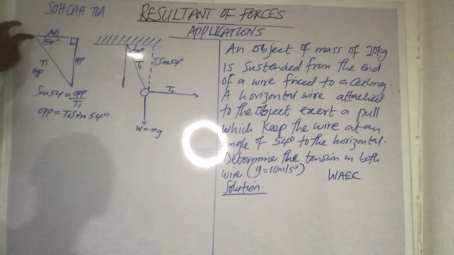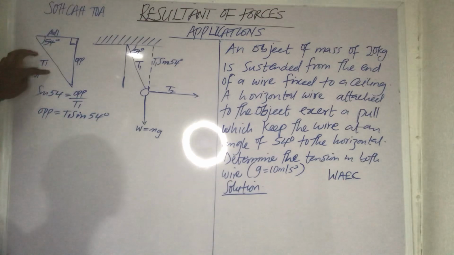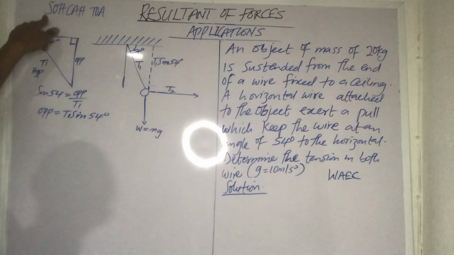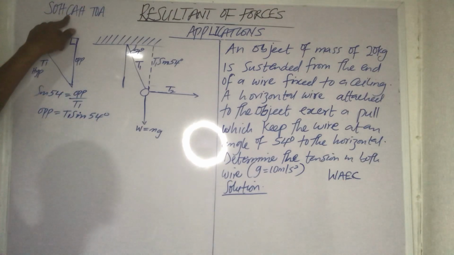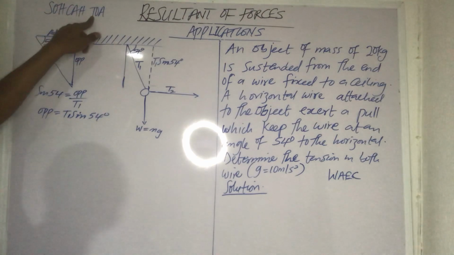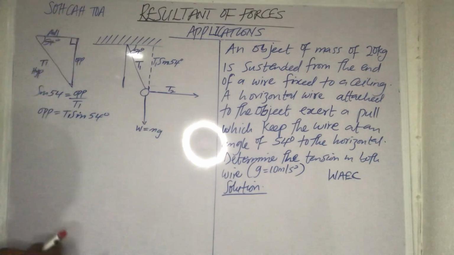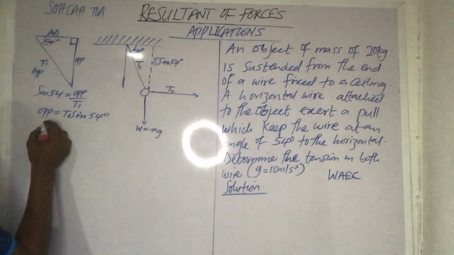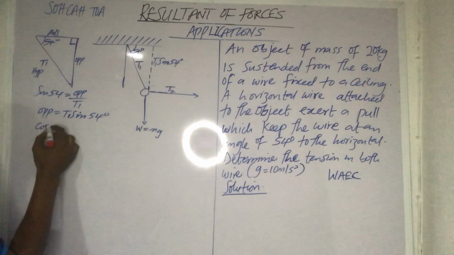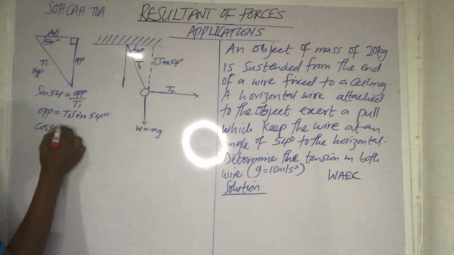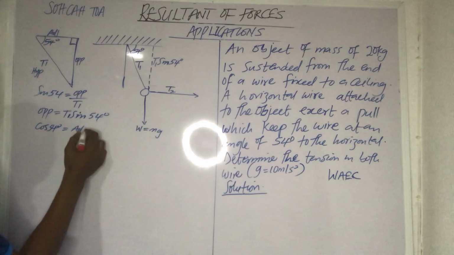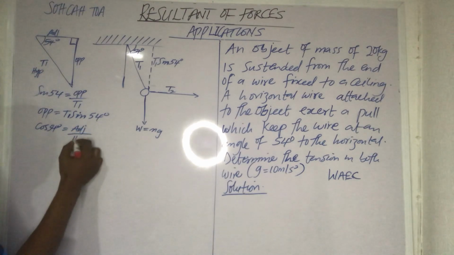And how do I get my adjacent? Adjacent and hypotenuse is cos, CAH. Opposite and hypotenuse is sine, cos is adjacent and hypotenuse, and tan is opposite over adjacent. So I have adjacent and hypotenuse, that's cos. In that case, cos 54 degrees is equal to adjacent over hypotenuse.